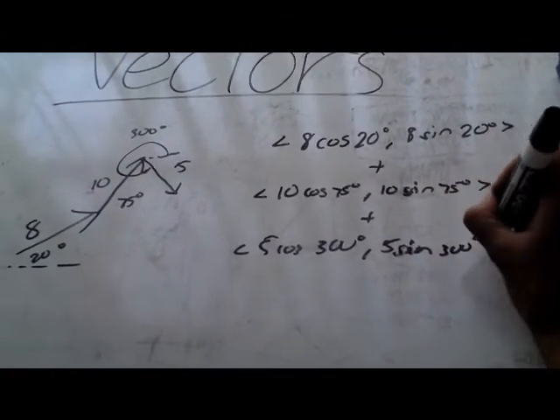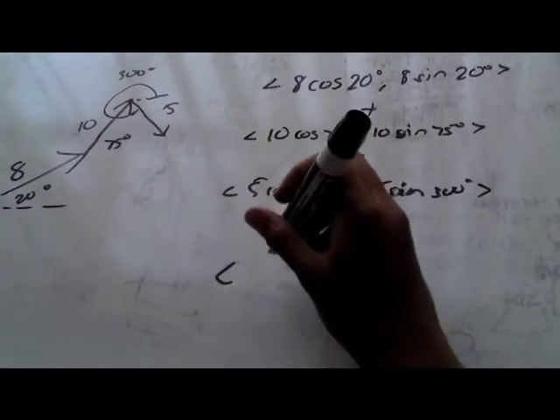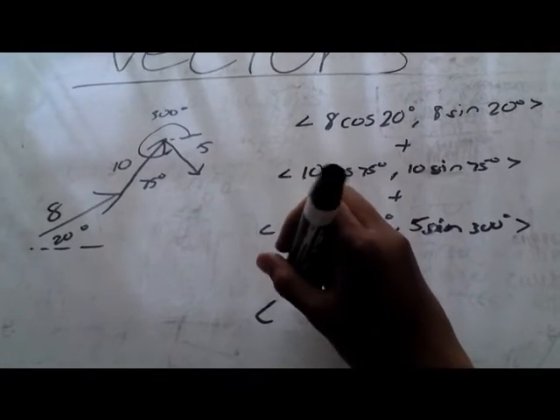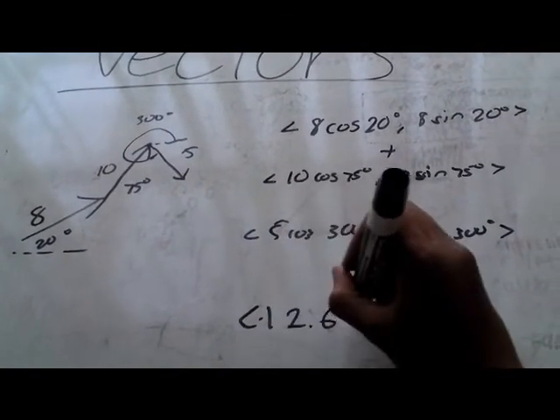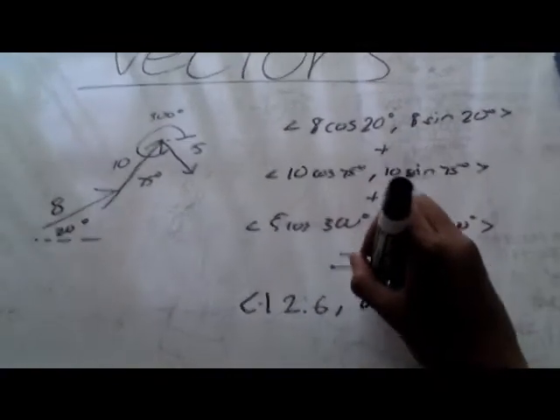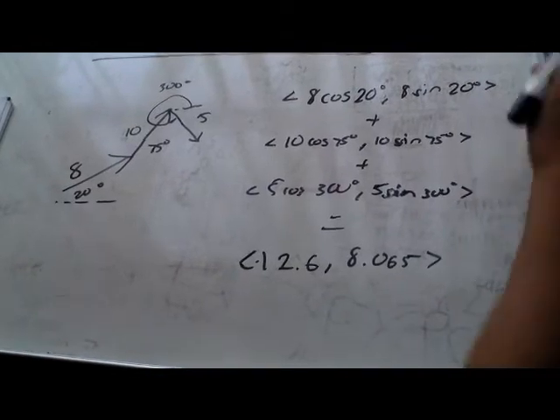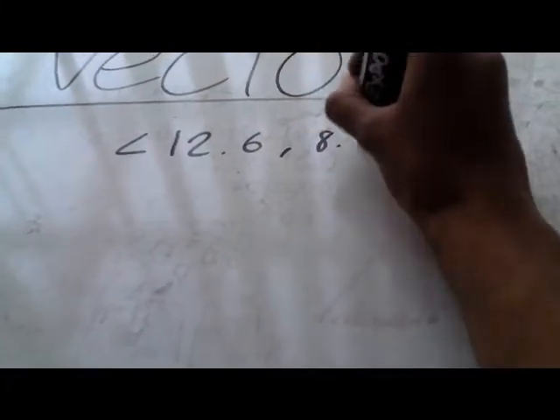So I have found all the components, and I just plug them into my calculator, and you should get a new component of the new vector, which is 12.6 and 8.065. So that's the new component of the resulting vector. Now we can write that down so we don't forget.